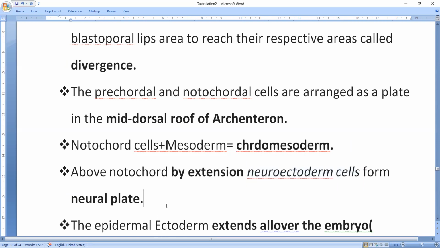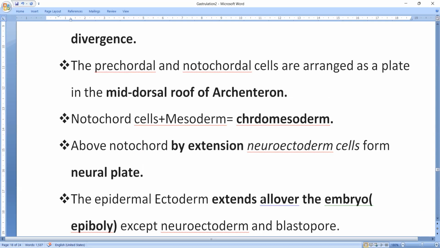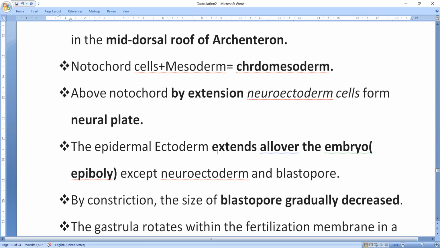Okay, the next step in the future. Above the notochord, by the process of extension, the neurectoderm cells form the neural plate. The epidermal ectoderm, by a process called epiboly, extends all over the embryo, except the neurectoderm and blastoderm.